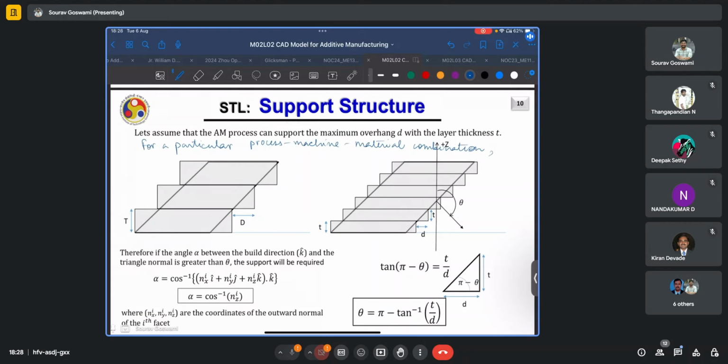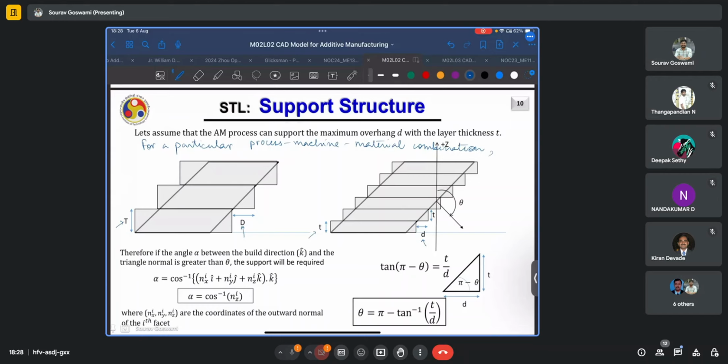So let us look at two gross cases. In one case, you have these large overhangs and large layer thicknesses, both denoted by capital letters T and D. In the other case, you have finer layers of a smaller thickness, small t, which produce an overhang of a smaller dimension, small d.